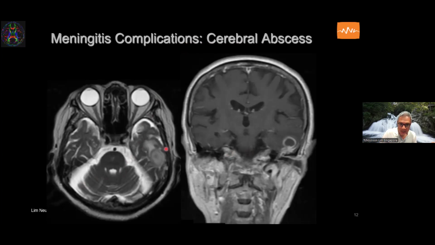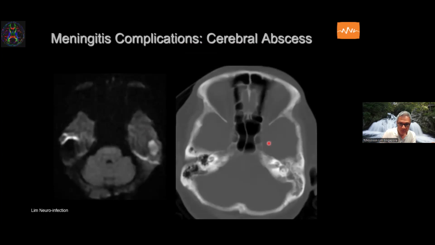And here in the temporal lobe, there is a rounded lesion with surrounding edema, with abnormal ring enhancement in this patient with an abscess. The cause of this abscess is otitis media, infection of the mastoid air cells and the middle ear, with direct extension into the underlying temporal lobe.